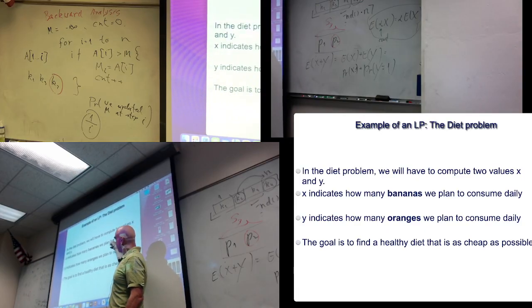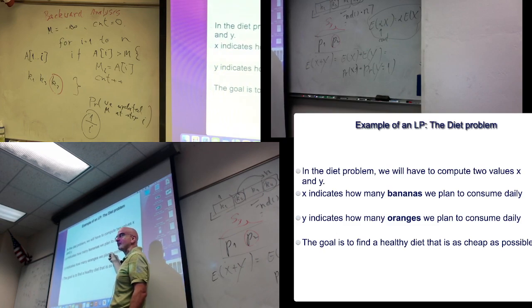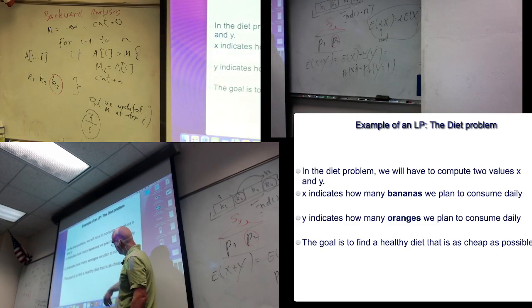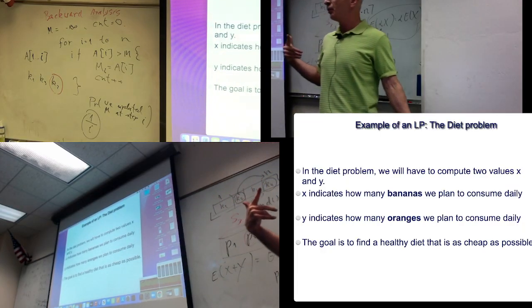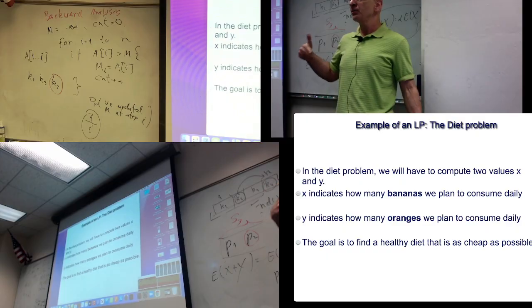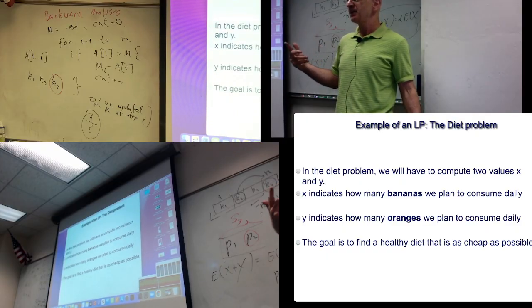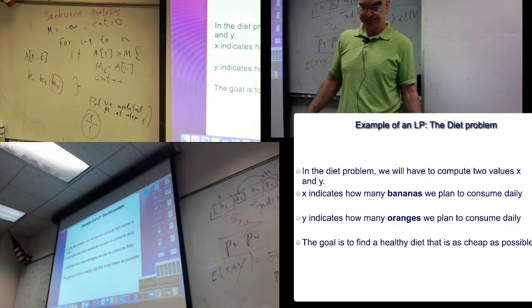I'll indicate the bananas by x, and the oranges by y. So I have two variables. We like geometry. It will be a point somewhere in the xy plane. And I will try to optimize some cost function, but I'll make sure that you're getting enough vitamin A, B, C, and D, nevertheless.